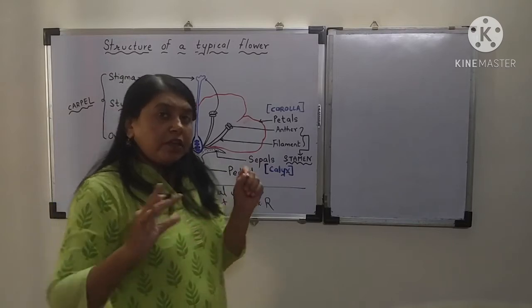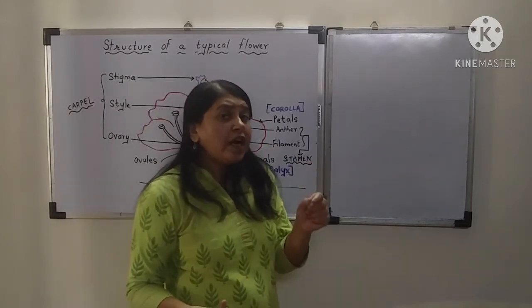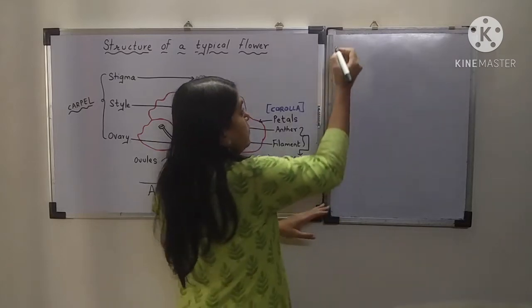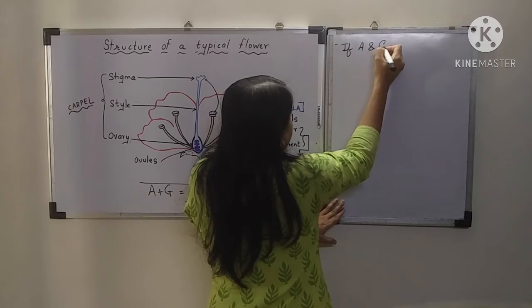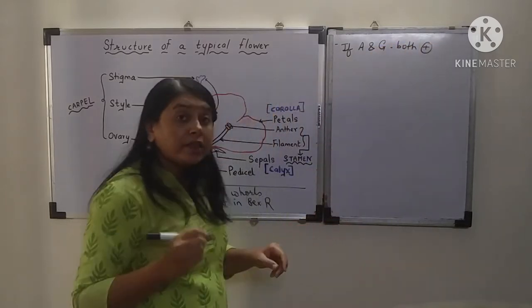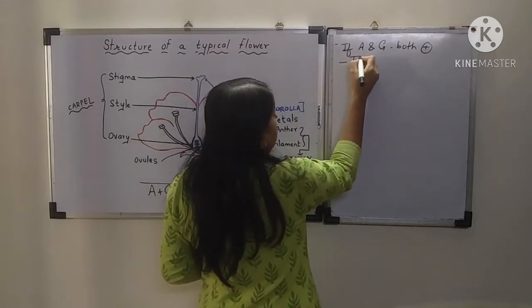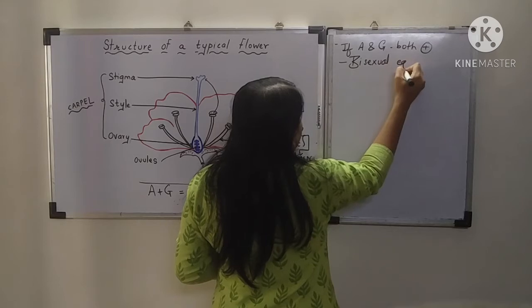Yes. So if a flower contains both androecium and gynoecium, then the flower is called bisexual.